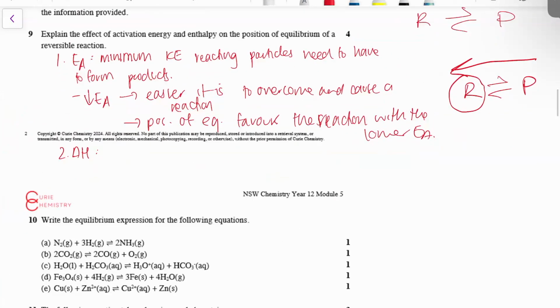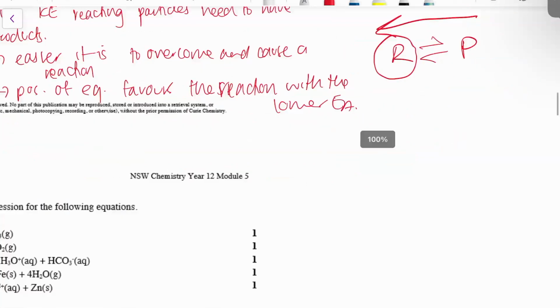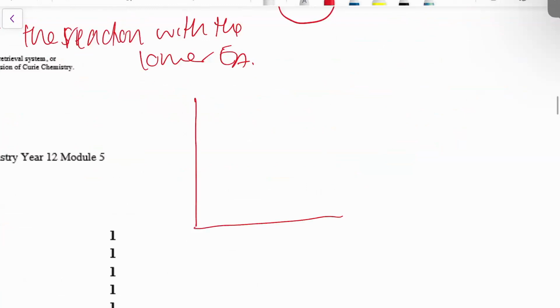And then the thing is, activation energy and delta H are very closely related because if you draw the energy profile diagram for a forward and reverse reaction, you can see how the talk we had about activation energy links to the enthalpy. So let's say we're doing delta H, and this is 0, this is pathway. The energy profile diagrams have to be opposites of each other because we're doing forward and reverse.